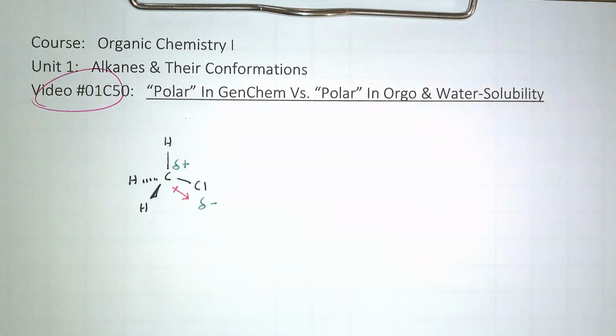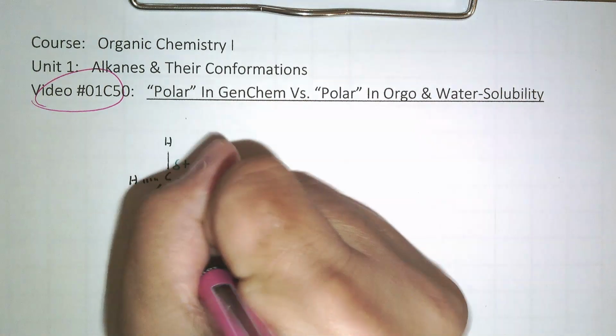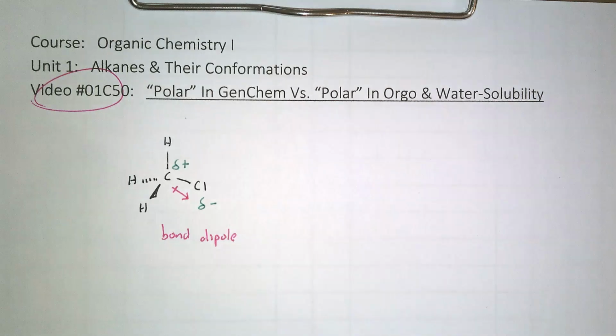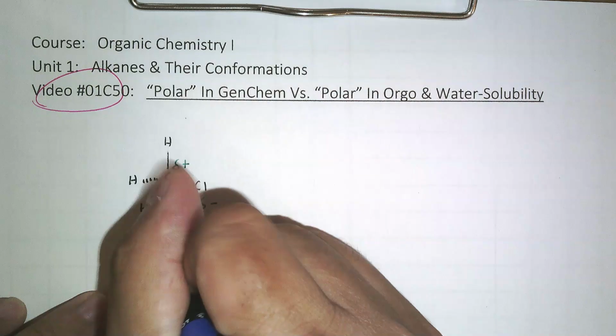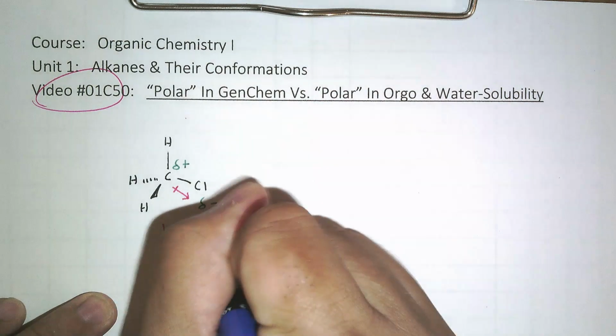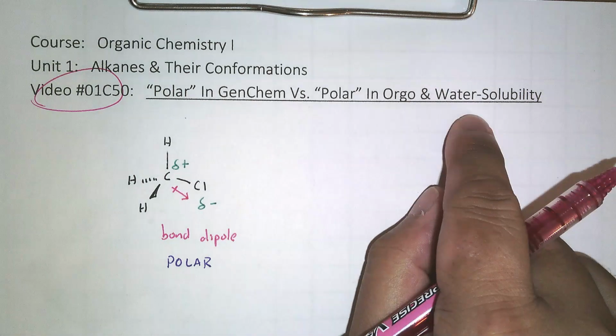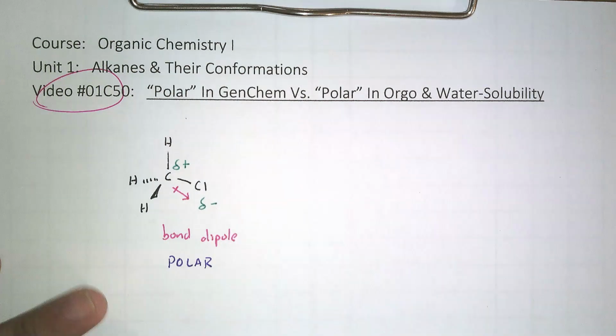So that pink arrow is called a bond dipole. In general chemistry, this is considered polar. It's also considered polar in organic chemistry, but we're going to see that we're not super concerned about actual polarity. We're more concerned about water solubility, and we'll explain why in just a bit.